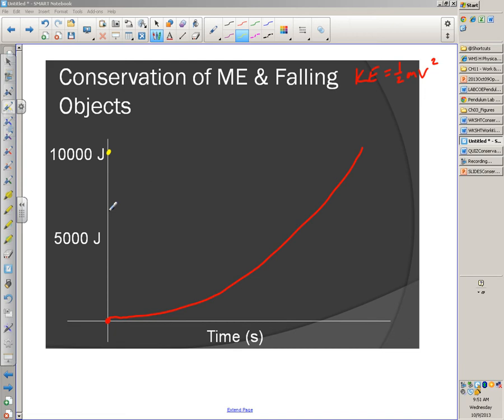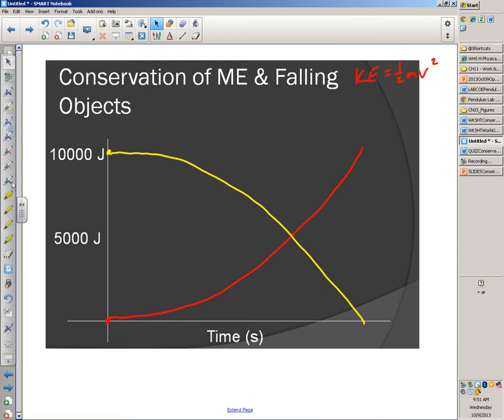They're going to be both parabolas, right? But this yellow one's going to be which way? Downward, right? The word I was thinking was that these two graphs have to be mirror images of one another, right? Because as one's going up, the other one's going down. Got it? Okay. I'm going to add a third line onto this graph, and it's going to look like this.